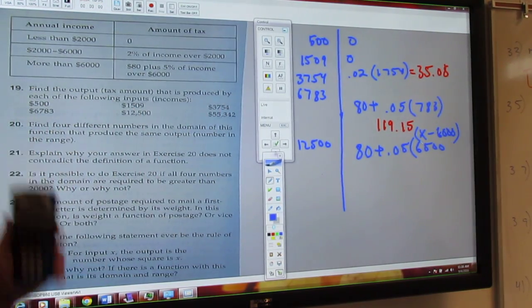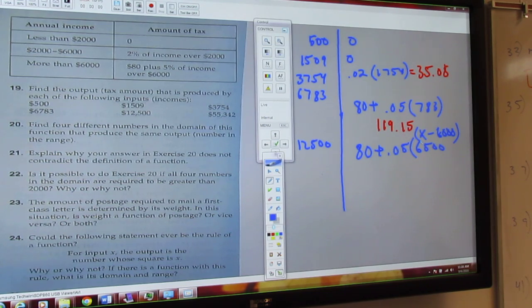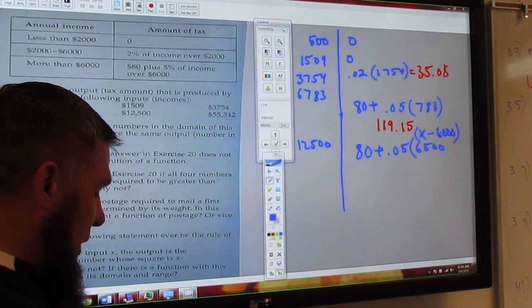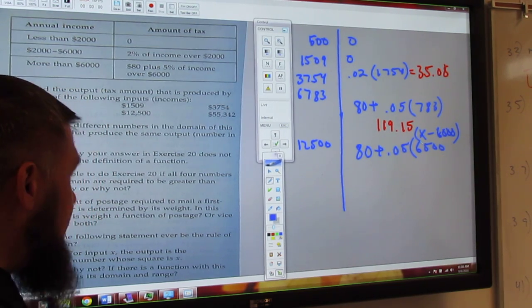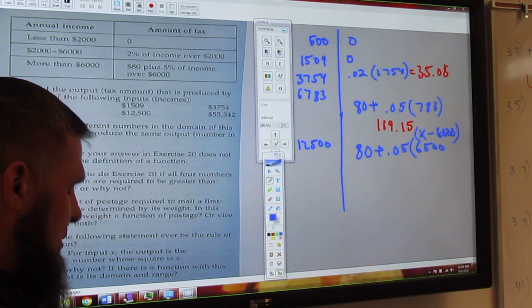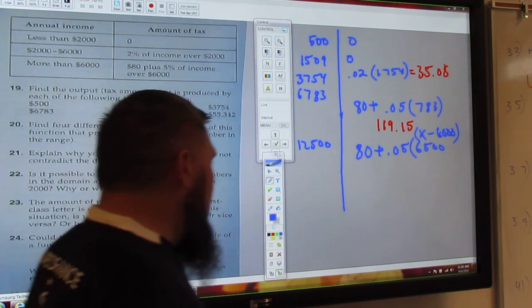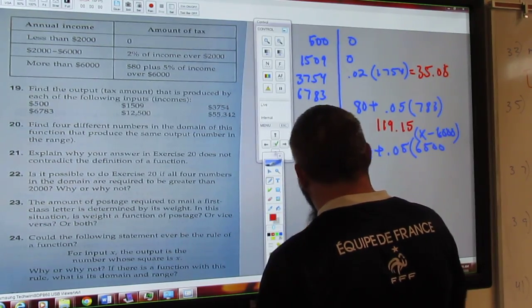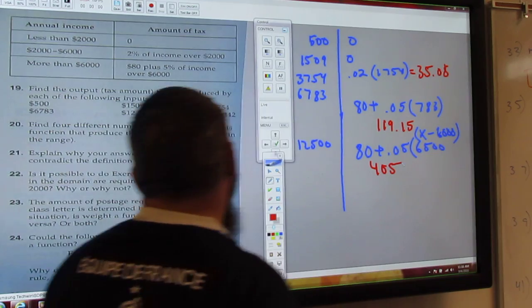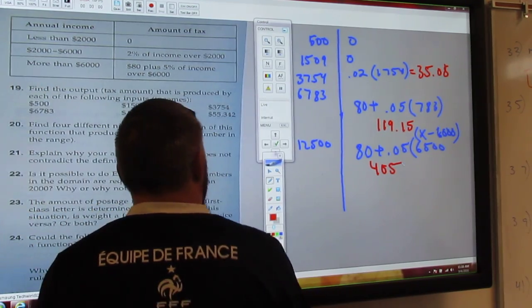In this case, x minus 6,000 is 6,500. And so how much is that? Well, we plug it in: 80 plus 0.05 times 6,500 is 405. Perfect. 405. Okay? And the last one.